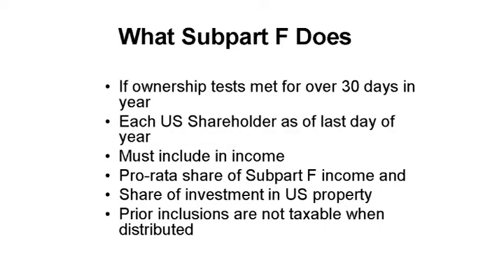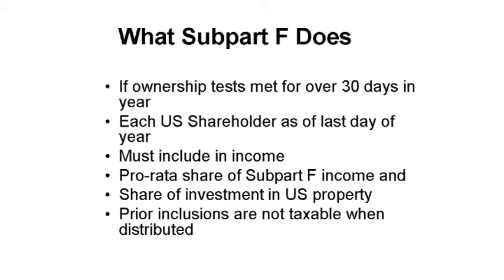Subpart F says that if the foreign corporation is a controlled foreign corporation, or CFC, for 30 consecutive days during the CFC's U.S. tax year, then the U.S. shareholder must include in his, her, or its income two things. The first is the shareholder's pro rata share of the CFC's Subpart F income for the year.